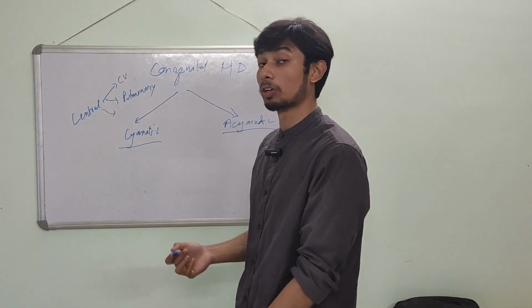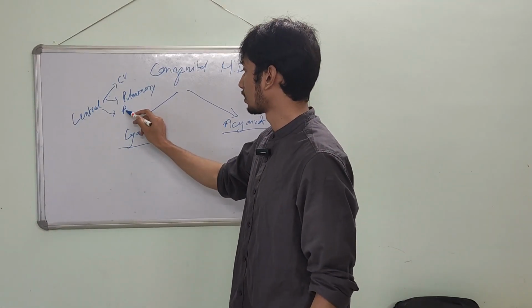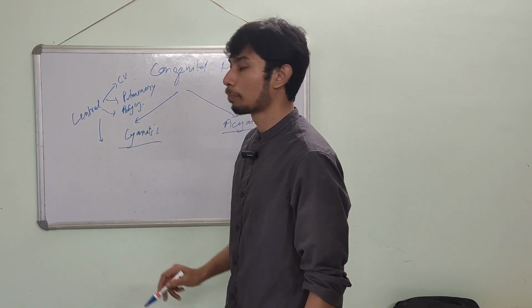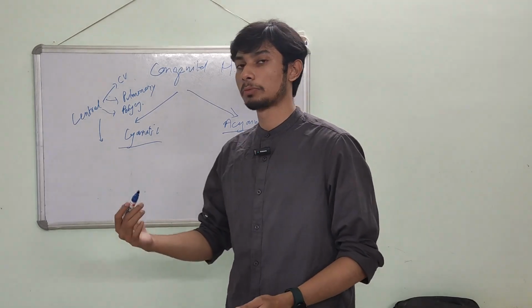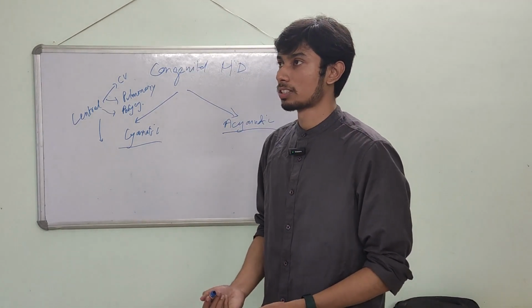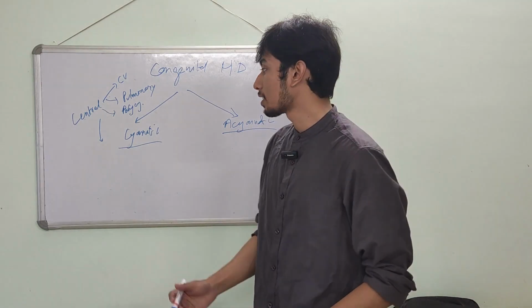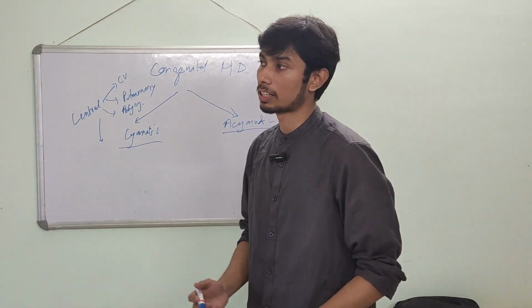For example, polycythemia, and abnormal hemoglobin, for example methemoglobinemia, sulfhemoglobinemia, or carbon monoxide poisoning. In these cases there will be central cyanosis.